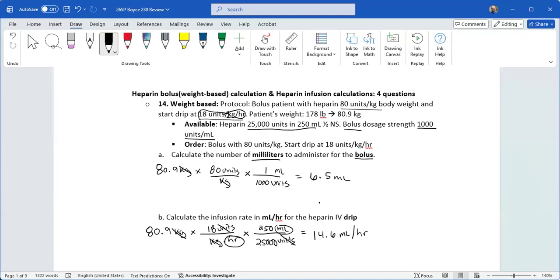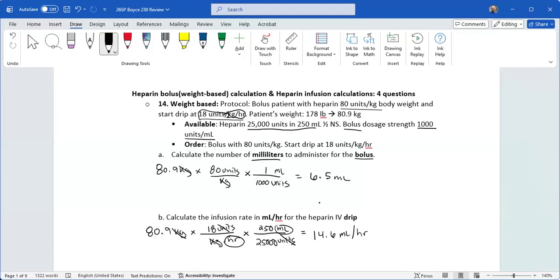Does that make sense? Okay. So like I said, that's the big difference. That's the new thing that you're seeing if you haven't already been exposed to this or practiced these.